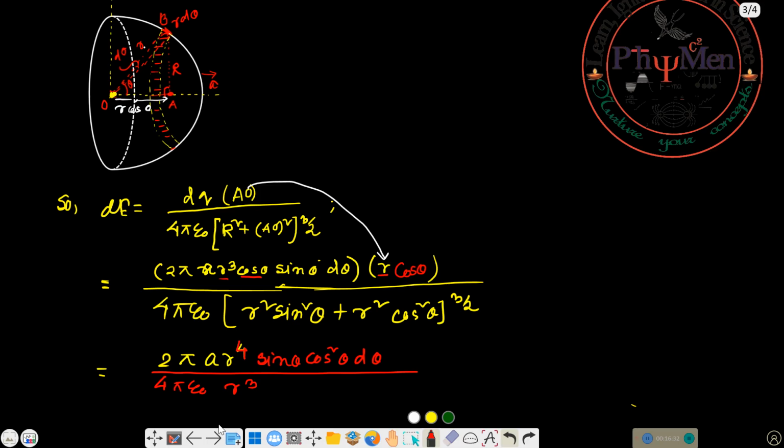From this r cube and this r to the power 4, it will be r. Then again, 2 pi by 4 pi is 2.